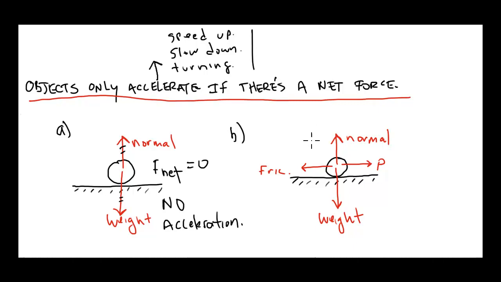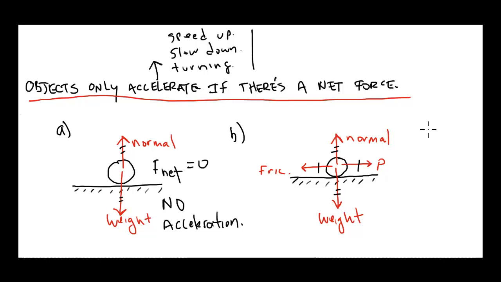Part B, now what we've got is a situation where we've got the weight, gravity pulling the object down, and the normal force pushing it up. Those are equal and opposite. And now there's some pushing force. I don't know, maybe there's a foot here that's pushing this rock along. And then there's a frictional force acting opposite from the pushing force that is also equal and opposite. So once again, I might ask, what can you conclude about the motion of this object?